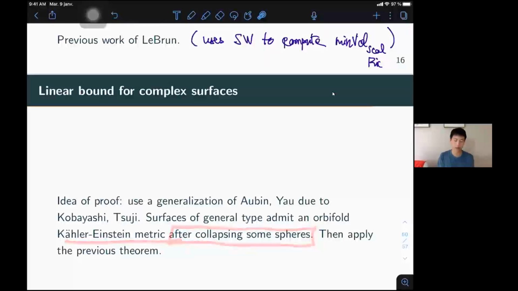So by collapsing some spheres, I mean, first, for example, you don't want to have -1 curves, so spheres that intersect with number -1, and you also want to contract spheres, so the spheres with self-intersection -2.